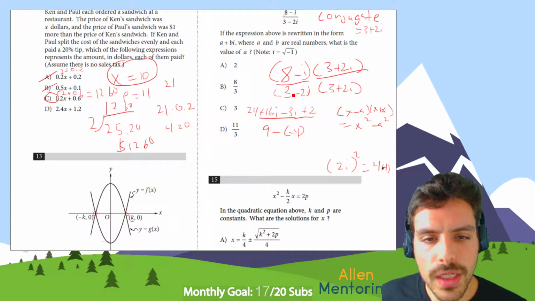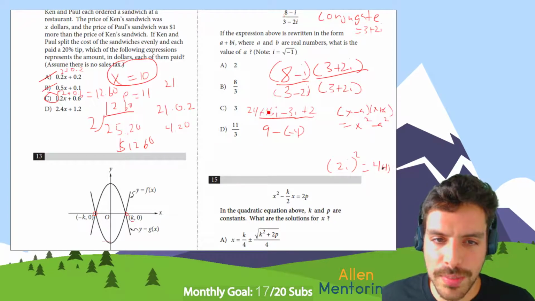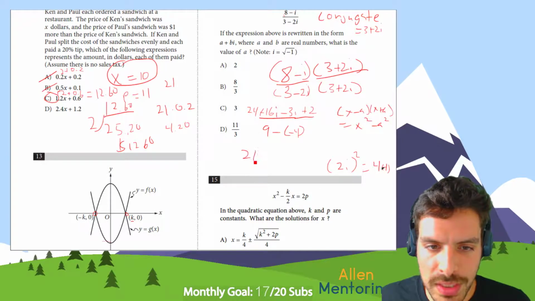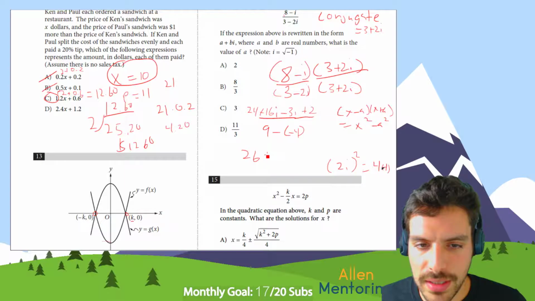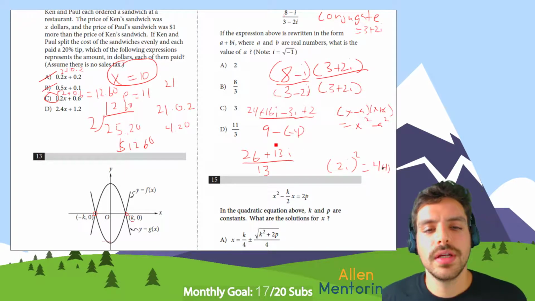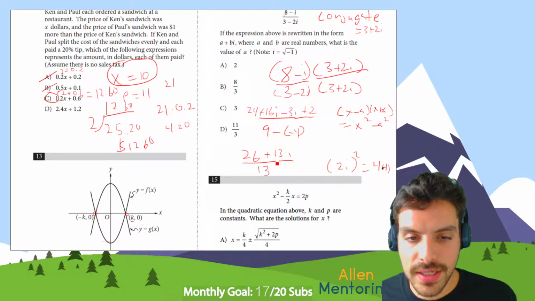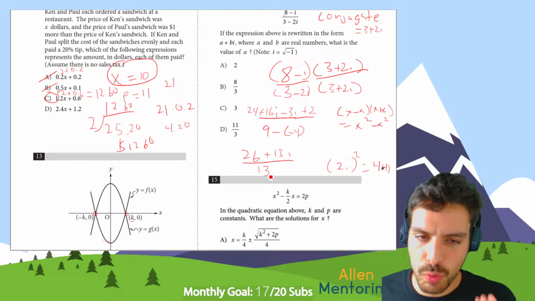Yes. And so now if we simplify everything and combine all of our like terms, we get 24 plus 2, so we get 26. 16i minus 3i is 13i, over 13. Whew, that took a while, but we're finally here at the end, and we've done this already 2 or 3 times in just this one test.